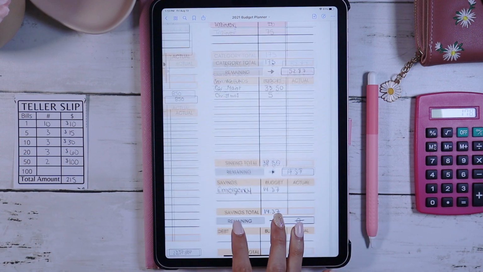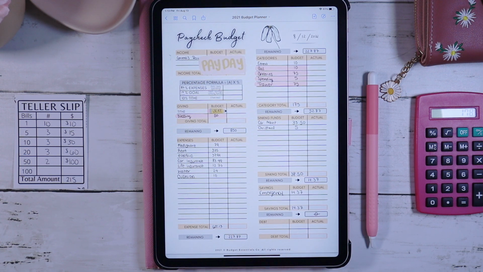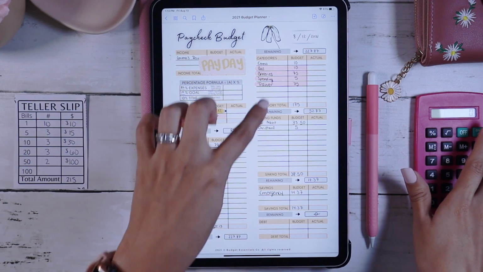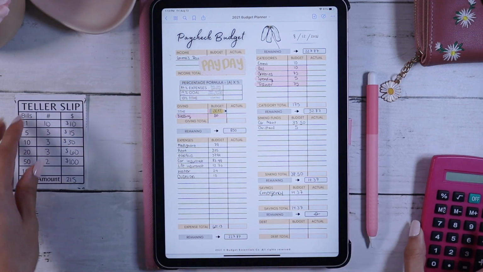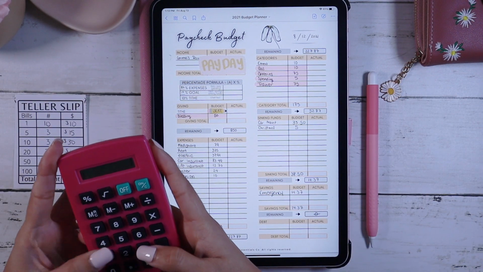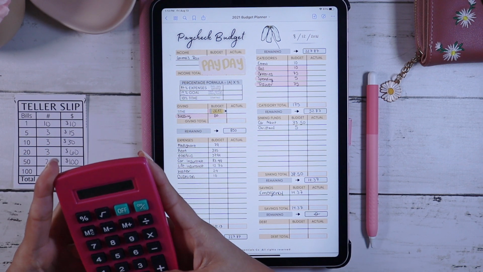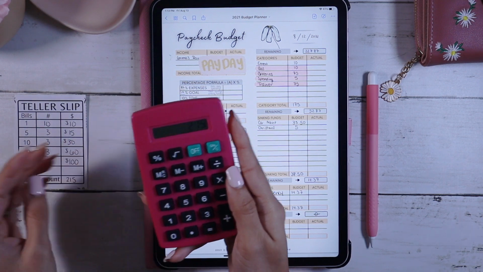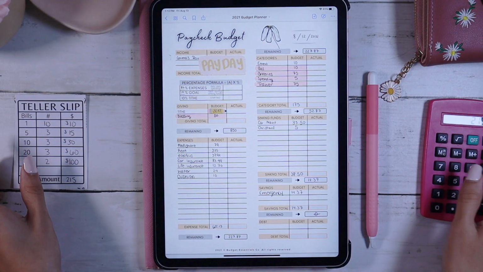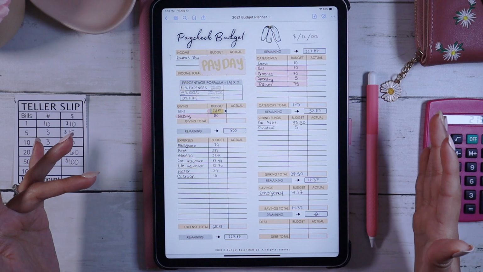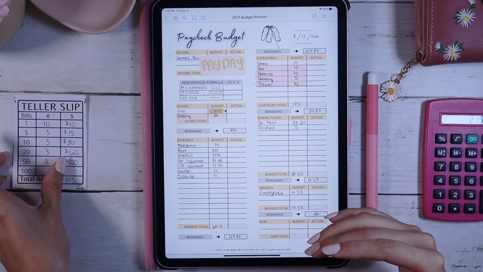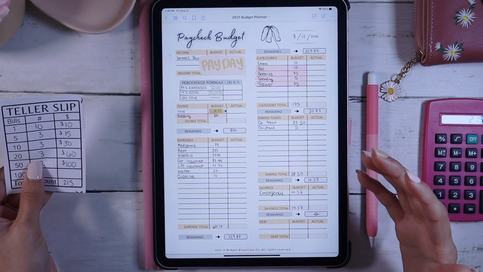So for the cash that we are going to be taking out, it is only the highlighted amounts, and that is the 175 minus the 10, and then we're adding in the $50. So $215 is what we are going to be taking out of the bank to stuff cash envelopes.